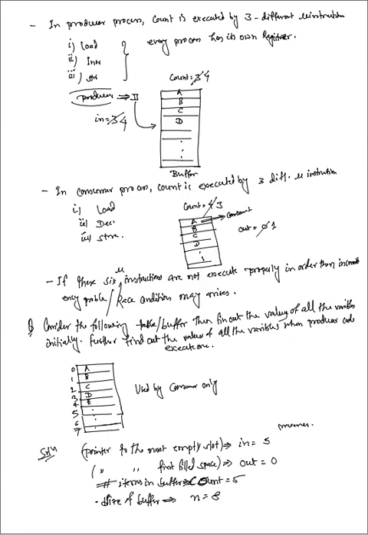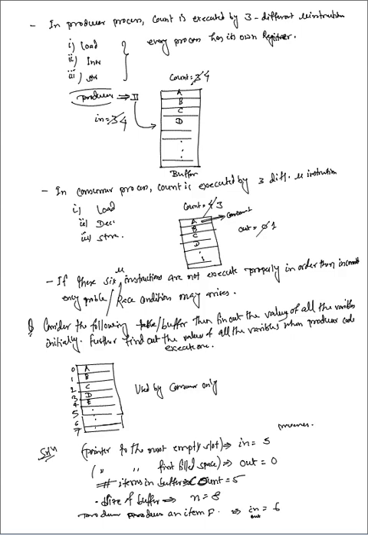So what will happen? Let the producer produce an item F. So what will be the value of in? In equals 6 because the 6th location will be empty for the new data item.